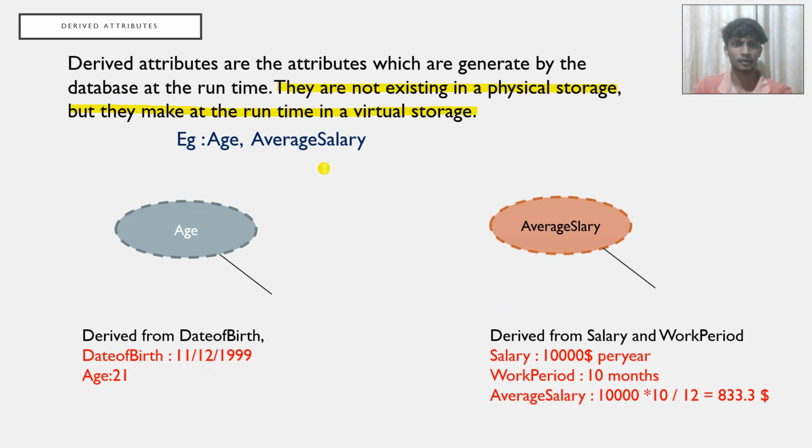Okay. So derived attributes. Imagine age. Age depends upon the date of birth. Let's say if you define an attribute field like age, then you should enter ages like 20, 30, then 42.